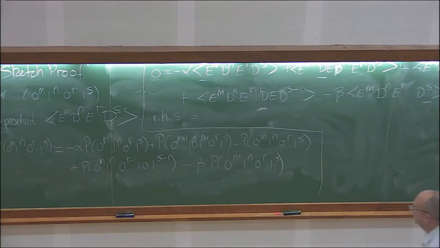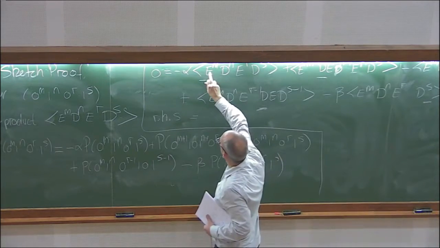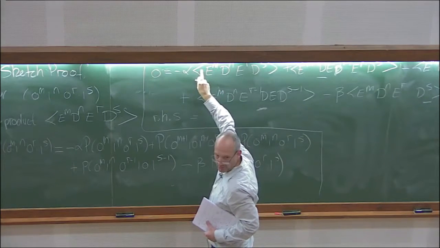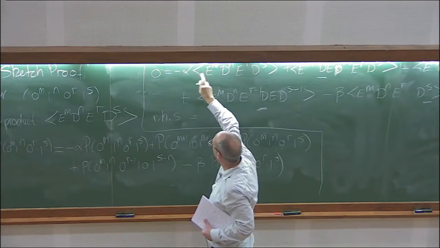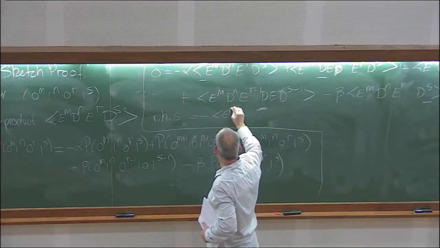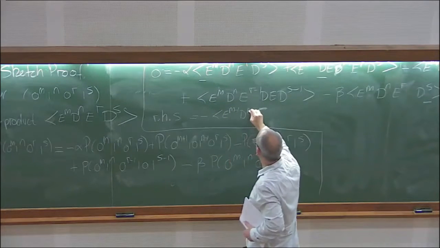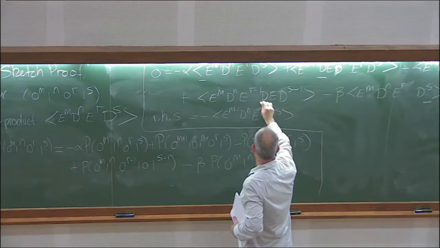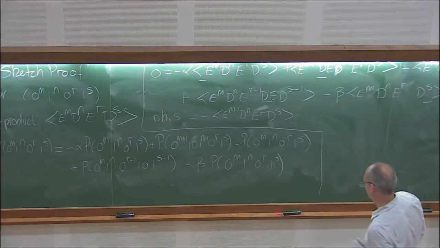So the first term, I lose, remember, this is W. It's an eigenvector of E, and I cancel the alpha. So I have minus E^(m minus 1) D^n E^r D^s. We're going to run out of board soon.